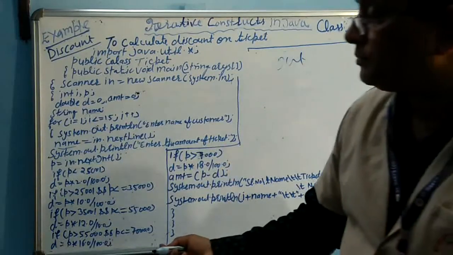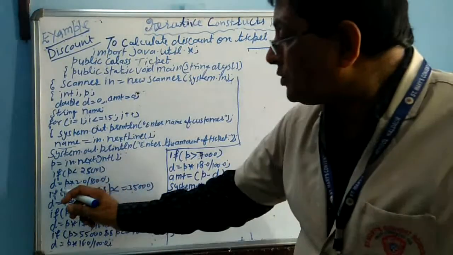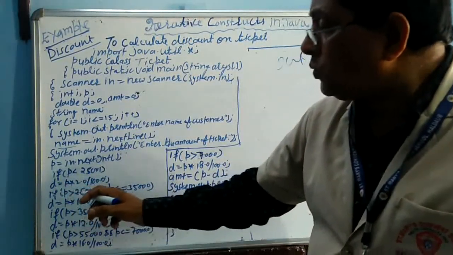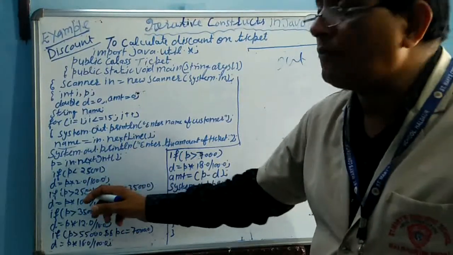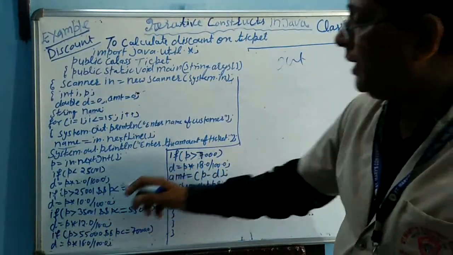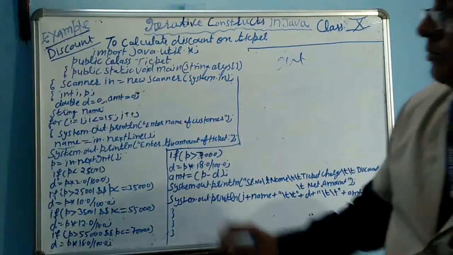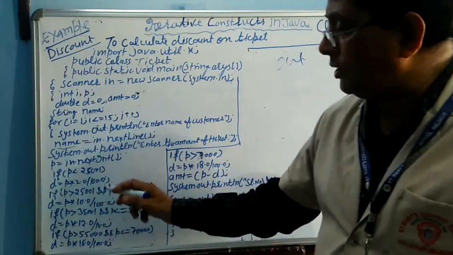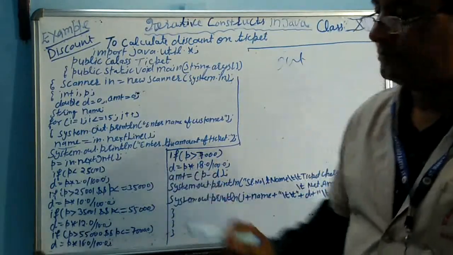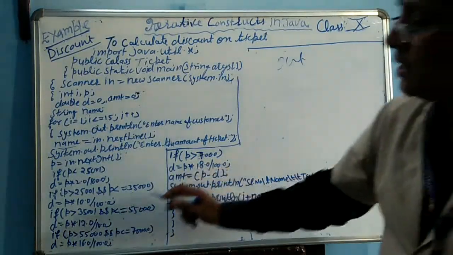And suppose the value you give is more than 25,000 and less than or equal to 35,000, meaning from 25,001 to 35,000, then discount is 10%.